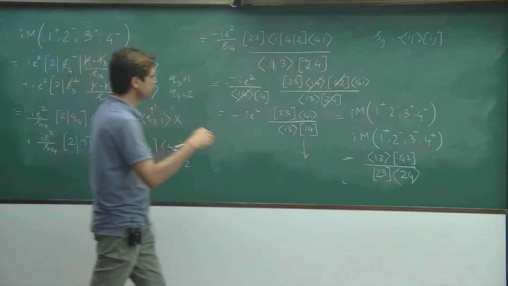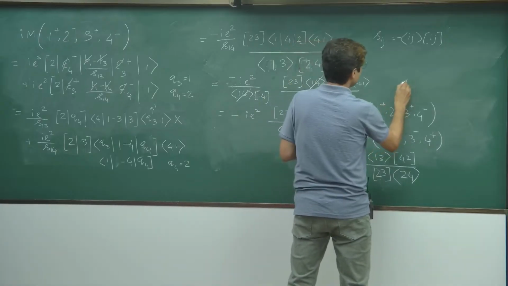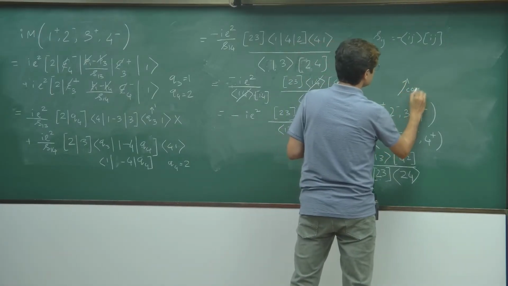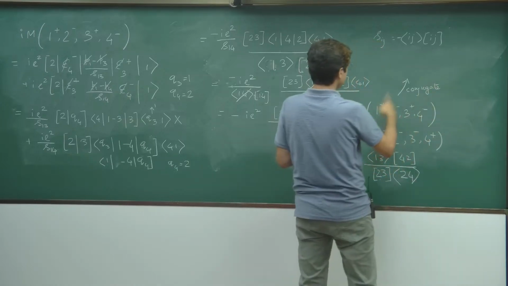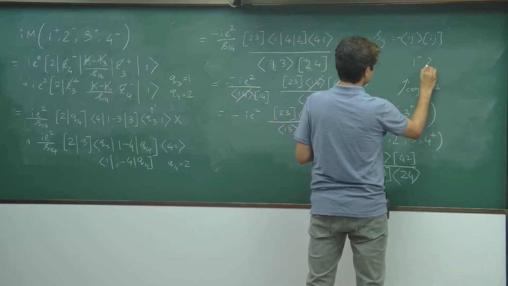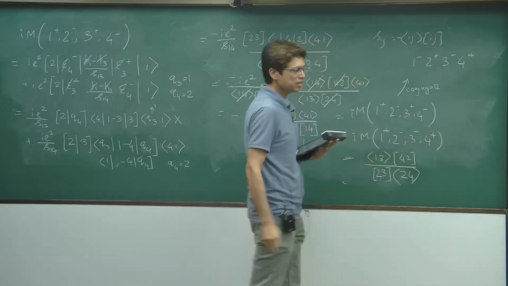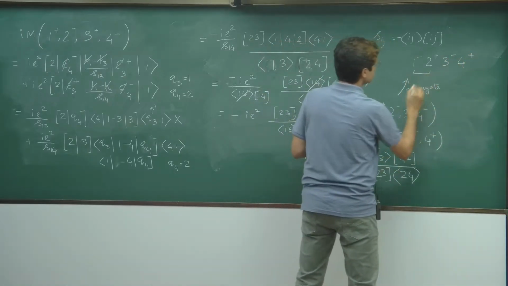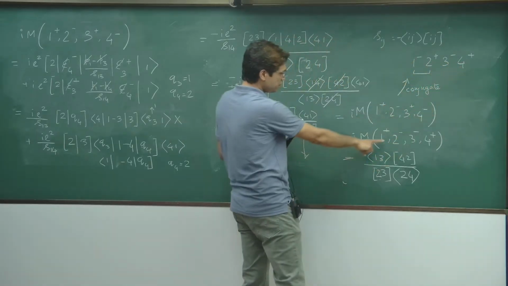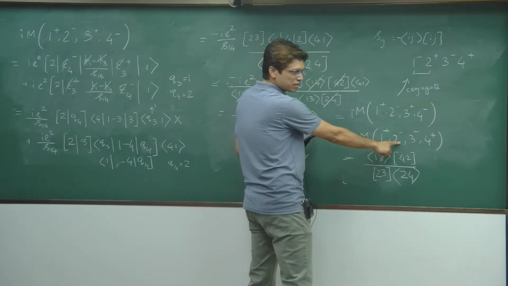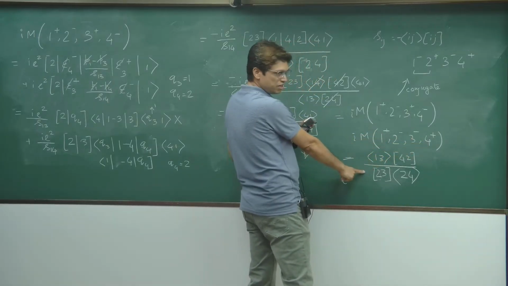No? Okay. So the point is that if I take the conjugate of this, then what will I get? I will get 1 minus 2 plus 3 minus 4 plus. Now if I switch this 1 and 2, I will get 1 plus 2 minus 3 minus 4 plus. That is what I want, right? So that's exactly the same thing I have done.